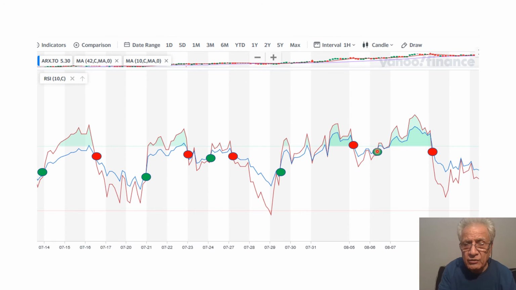You can enter the market also here. You can exit the market right there. And also you can exit the market here. So you see that RSI is very effective in order to enter or exit the market.